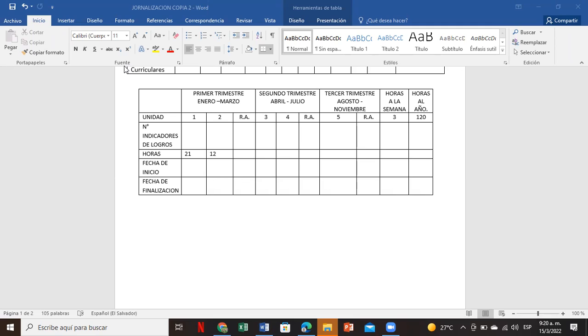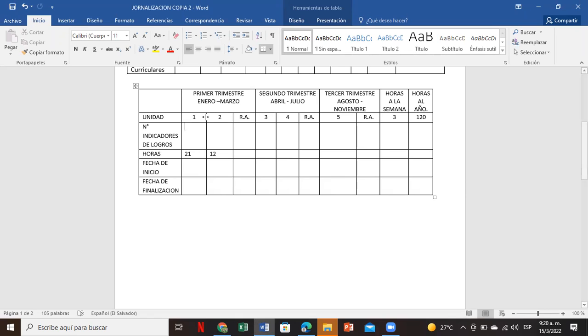Dime, hija. But you said that it doesn't matter if we want to do 10 units. Yes. We cannot do another table. We can use the same. Okay, so if you are going to work on 10 units, you just have to add extra.